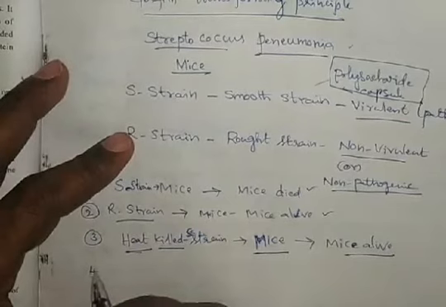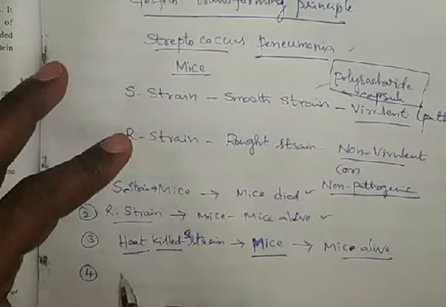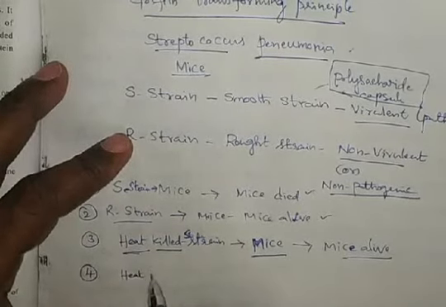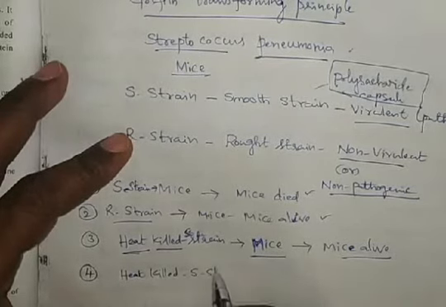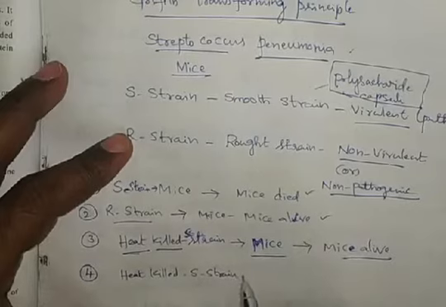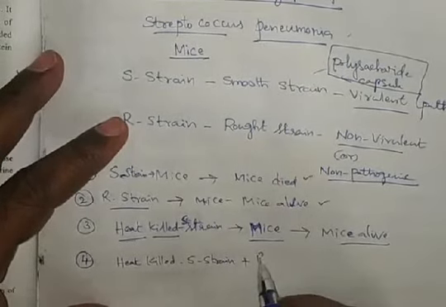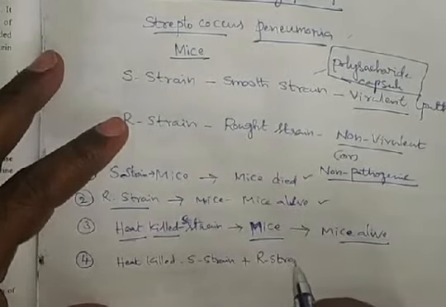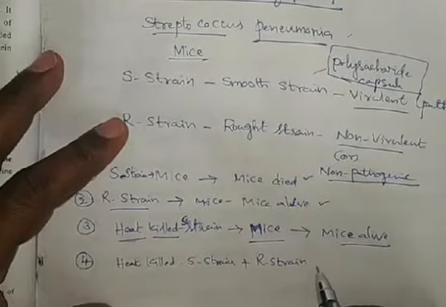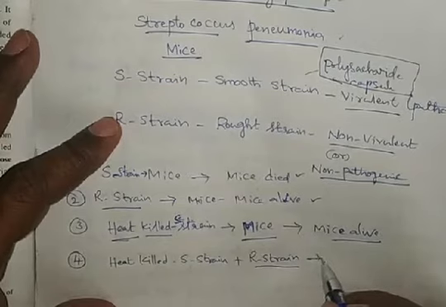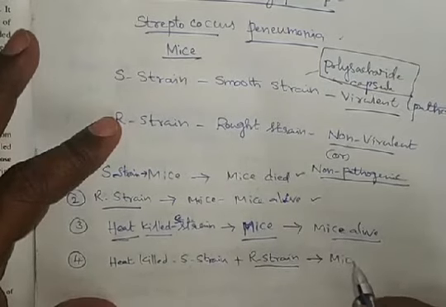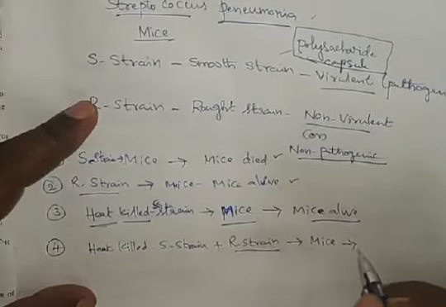And in the next step, the mixture of heat killed S strain and normal R strain is injected into mice, then the mice died.